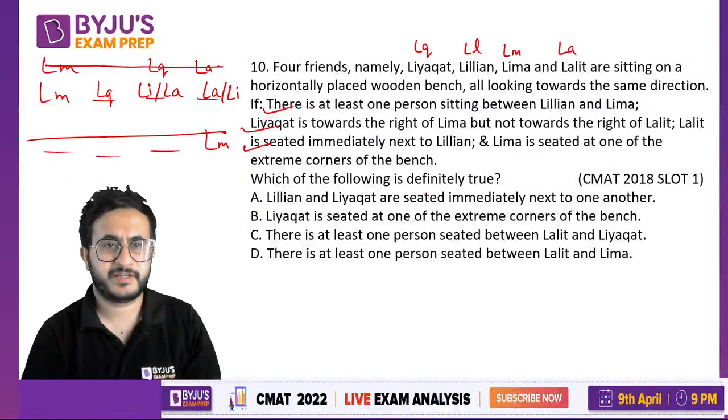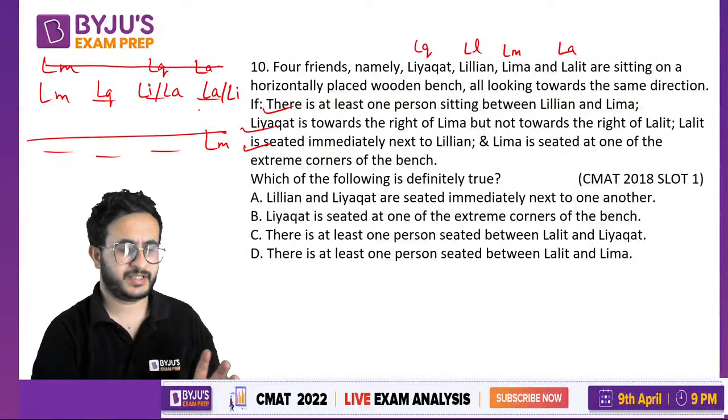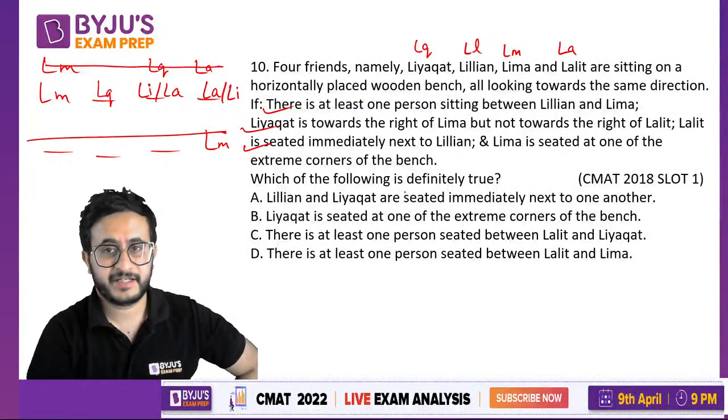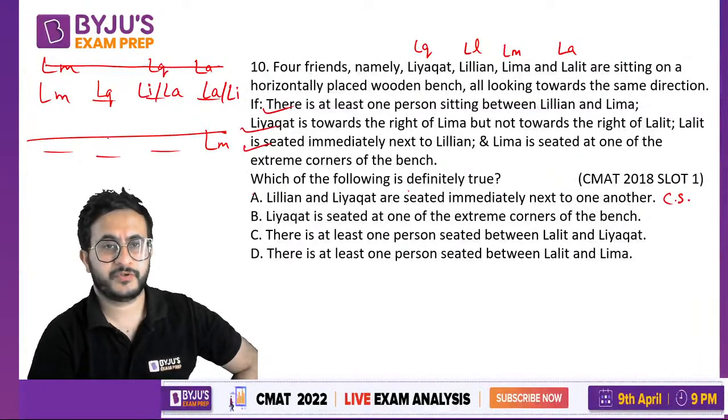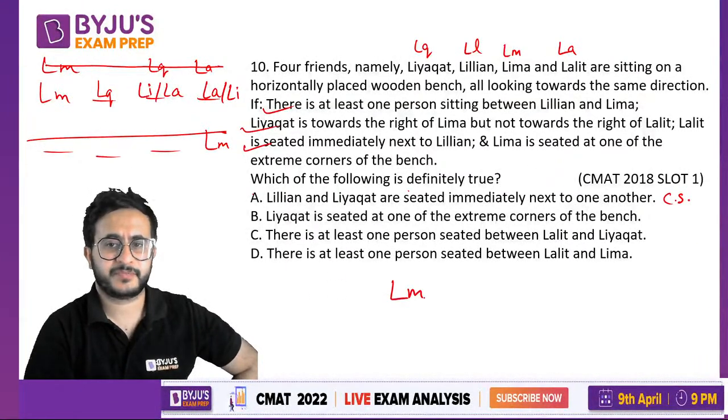So which of the following is definitely true? Lillian and Liaquat are seated immediately next to one another. It is asking which of these is definitely true. It can be true, it cannot be true, we can't say. If we consider, we get basically two arrangements.